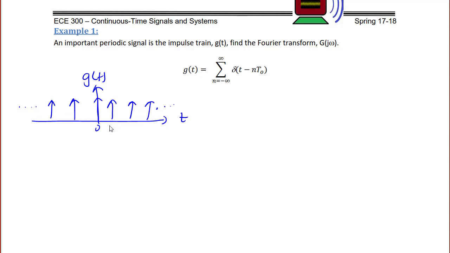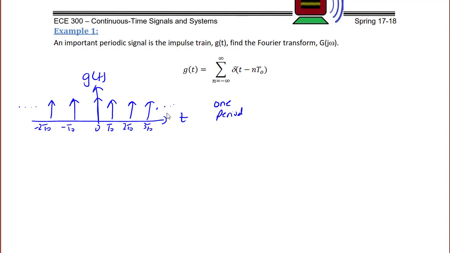And there's an impulse at 0, T0, 2T0, 3T0, negative T0, negative 2T0, and so on.